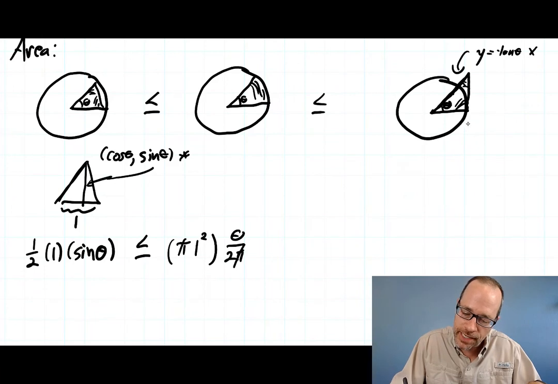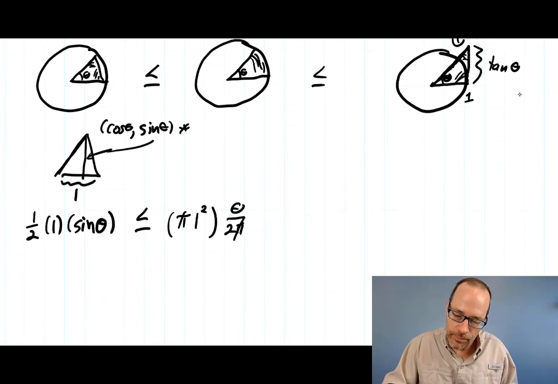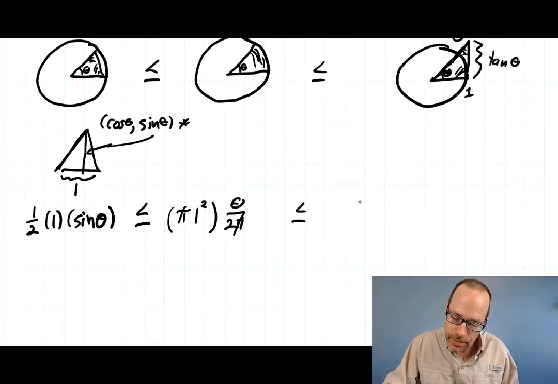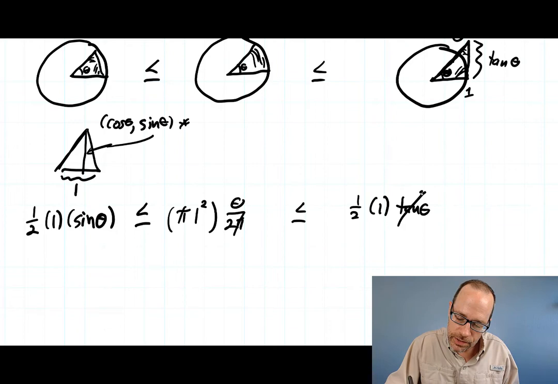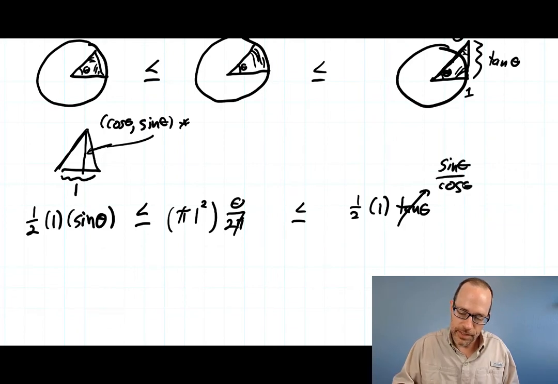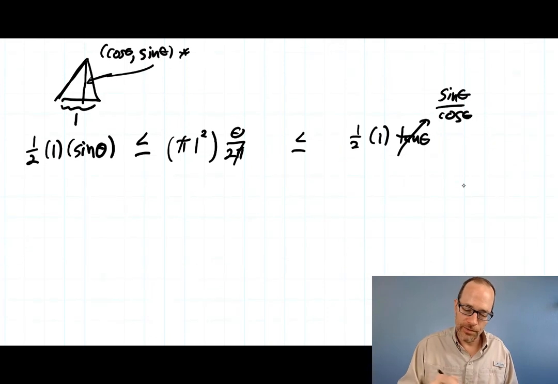So if you plug in x equals 1 down here, the height will just be the tangent. Anyway, so the area of that triangle will be 1/2 the base, which is 1, times the height, which is tangent theta, which we'll write as sine theta over cosine theta.